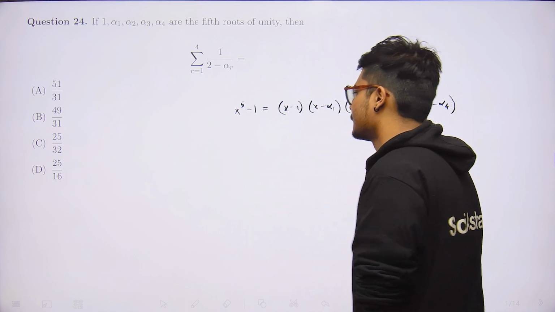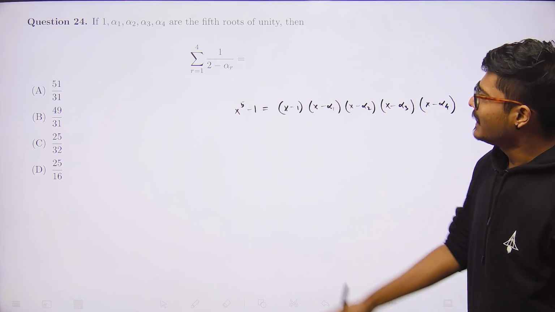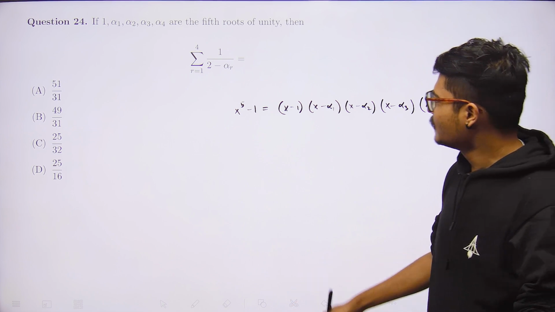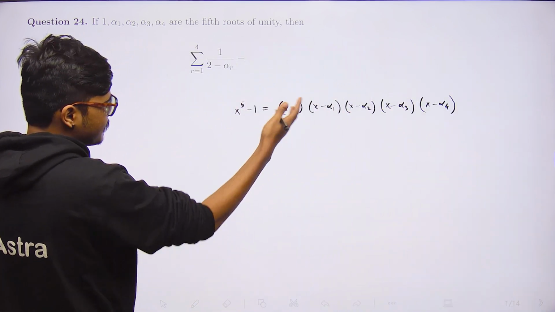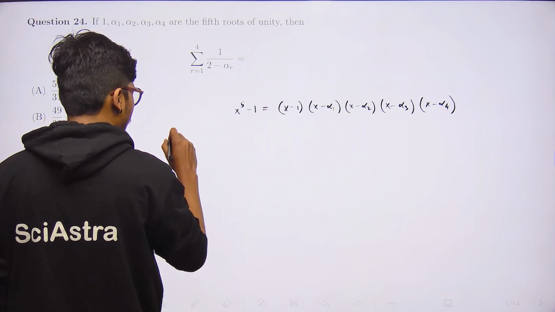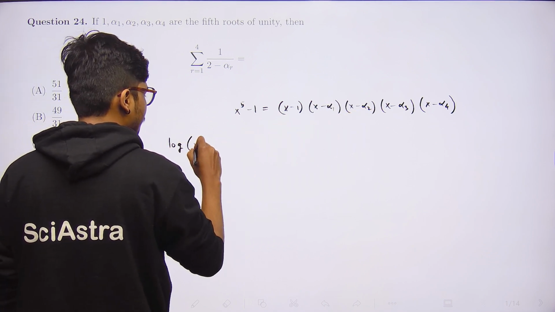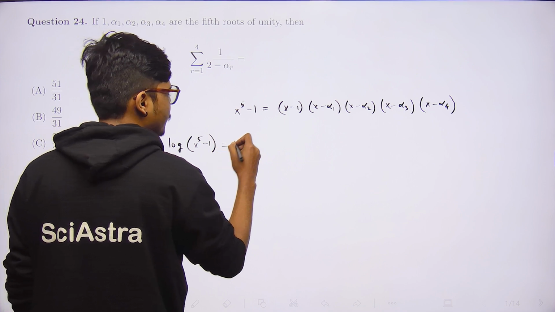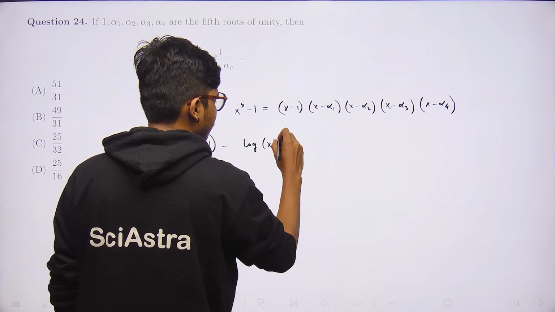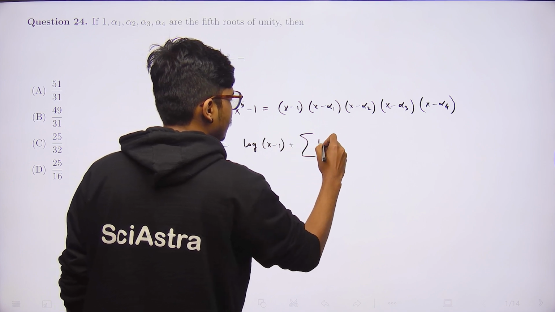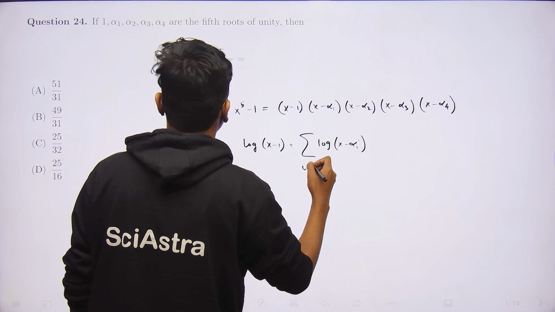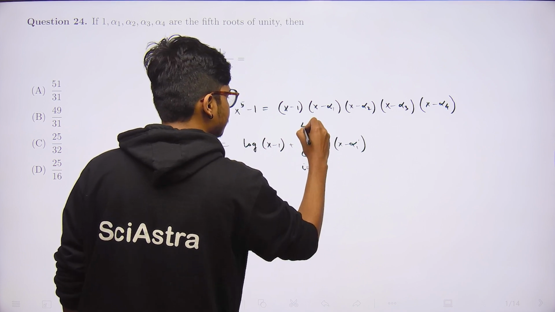So we got this. What we'll do is, see, basically I want something like 1 by something minus alpha I, right? So the best way to do that is just, first we'll take log of this, okay? Because here we need a summation, and here there is a product. So if I take log of this, I'll get log of x to the power 5 minus 1 is equal to, let's keep this separate, log of x minus 1 plus summation log of x minus alpha I, I equal to 1 to 4, okay?